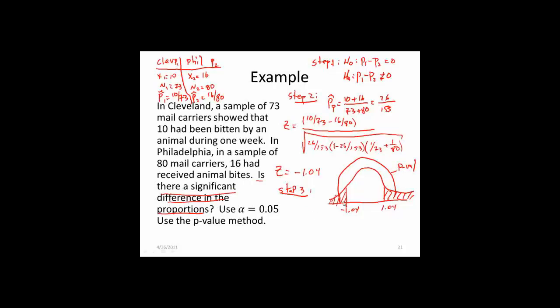So we'll just find this area down here, and by symmetry we can go ahead and double that. So remember it's 2 times the normal CDF, with lower bound negative E99 to negative 1.04. So if you want to compute that and verify, I came up with 0.2983.